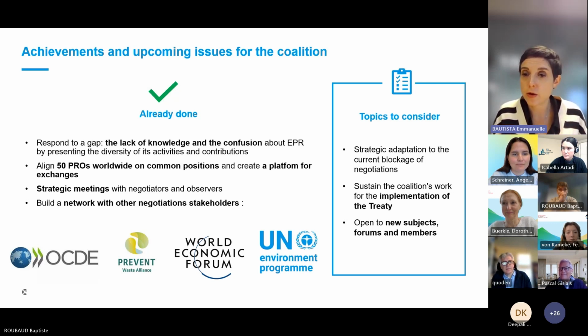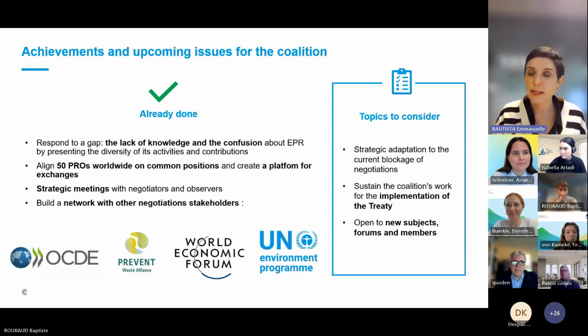Then, if we have a treaty, in a way or another, it will also be the question for the coalition to take a role regarding the implementation of the treaty. And we know that EPR will certainly and definitely play an important role, and we think that as a coalition of PROs, we will have an important role to play.